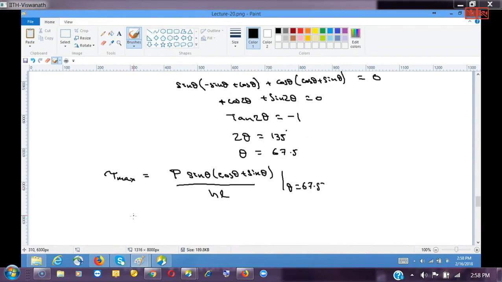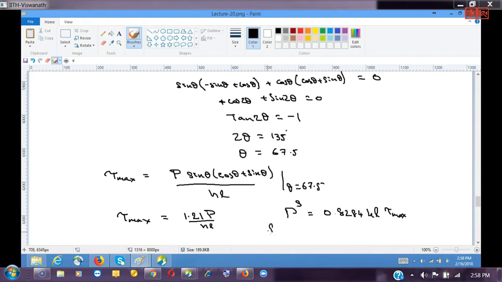On simplification, we can write our tau max as 1.21 P by H L, or P in this case is given by 0.8284 H L tau max.